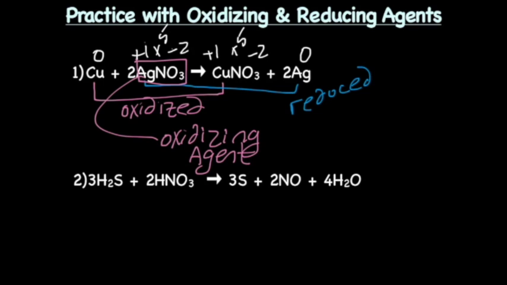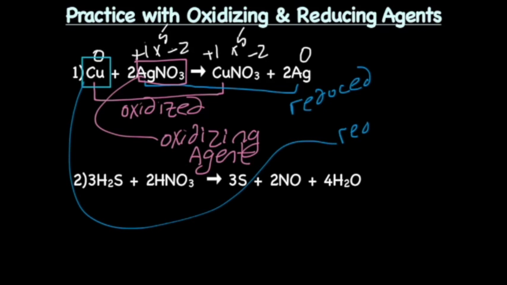Okay, well, while copper was being oxidized, silver was being reduced, meaning silver gained an electron. Where did that electron come from? It came from copper, which means that copper is our reducing agent.